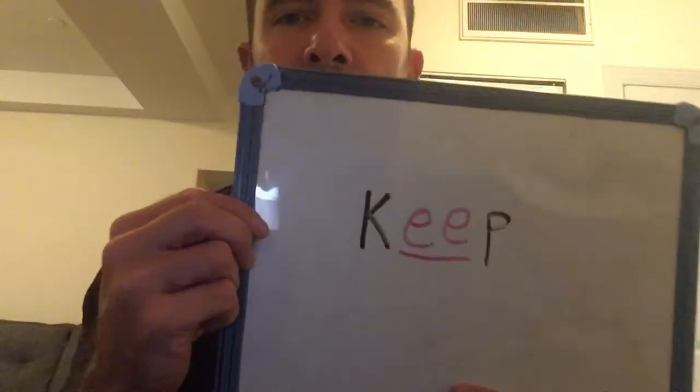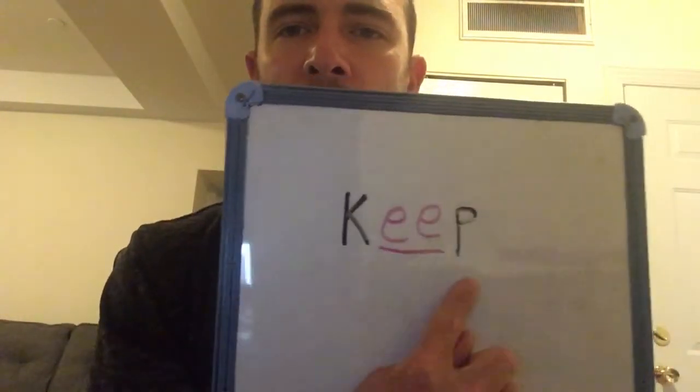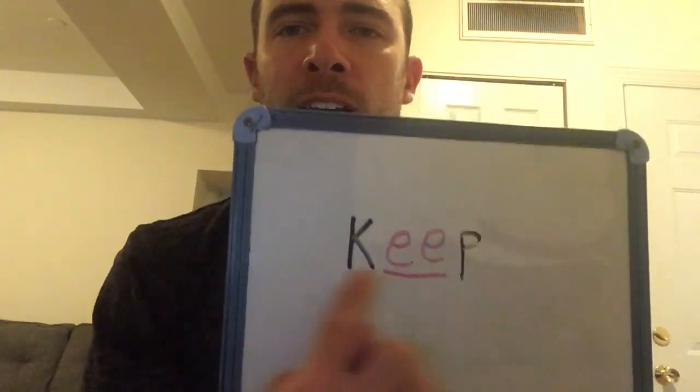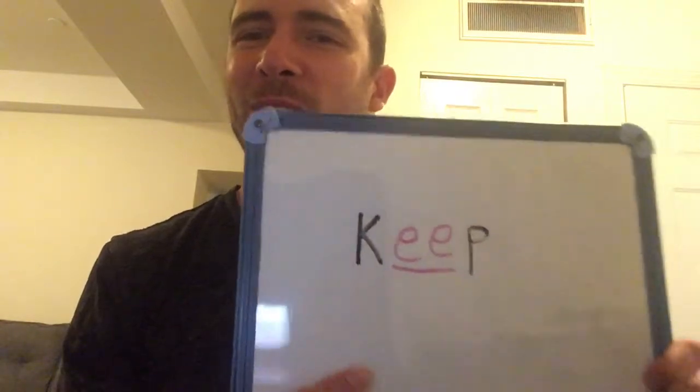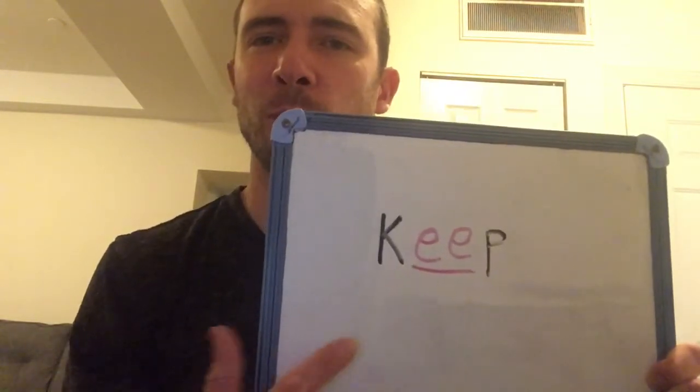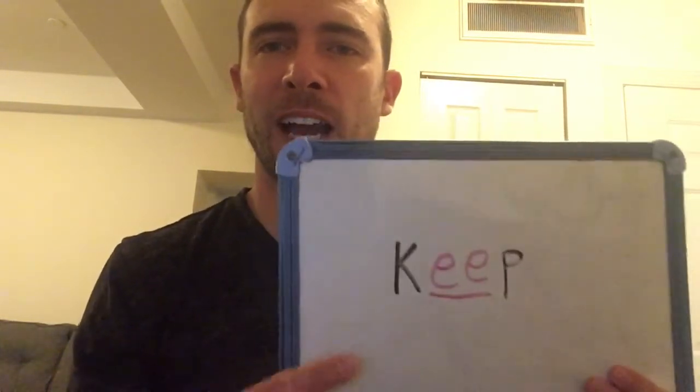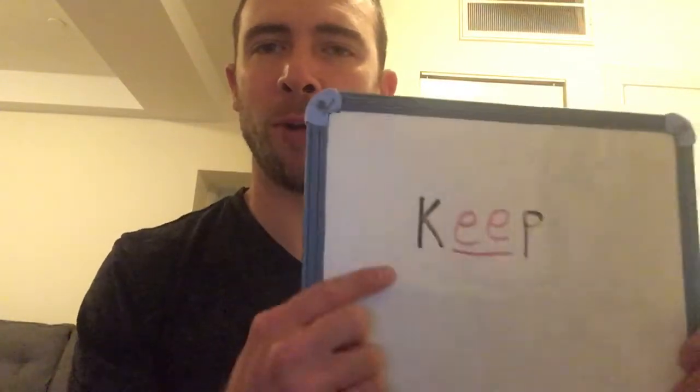Because this word here is keep. I noticed right before I started talking about this word, I used the word keep in a sentence. Like, I'm going to keep this board for the next word.